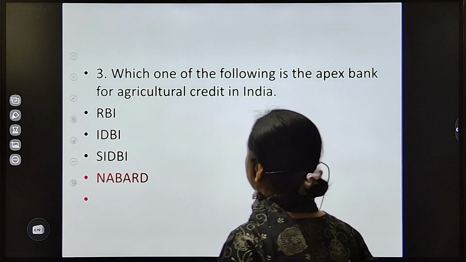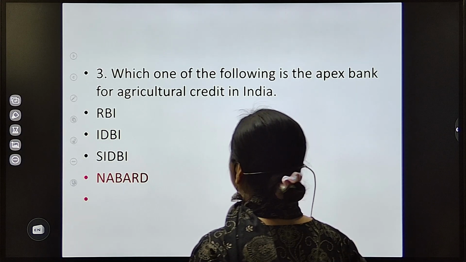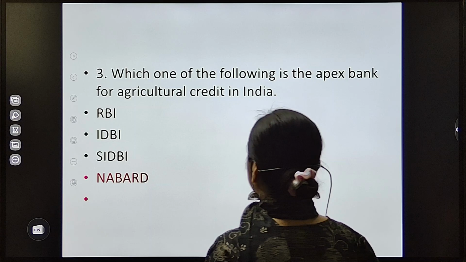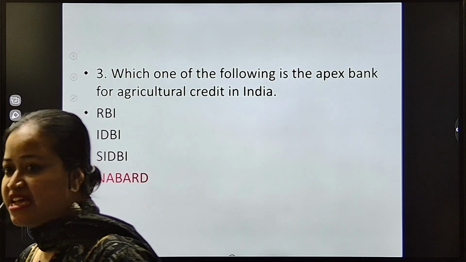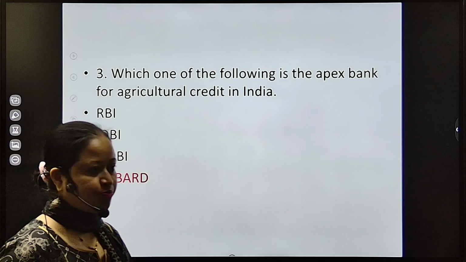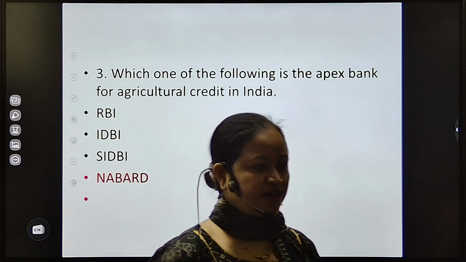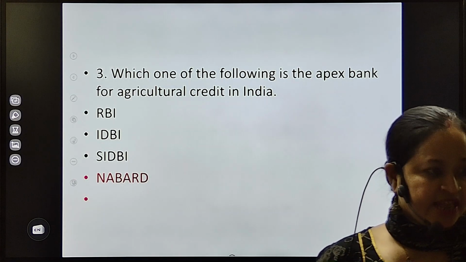Now the next one: which one of the following is the Apex Bank for Agricultural Credit in India? Apex bank means the main bank or institution providing agricultural credit to people who want to do farming or engage in agricultural activities.